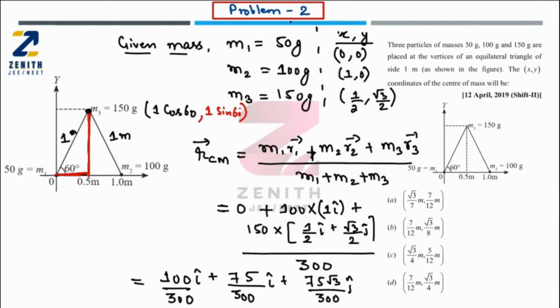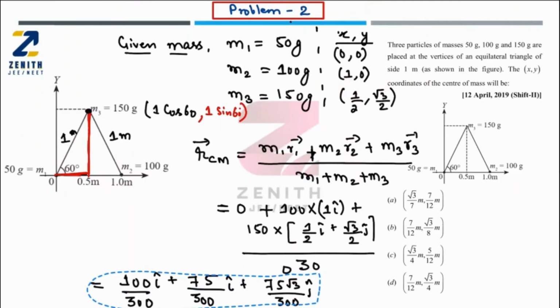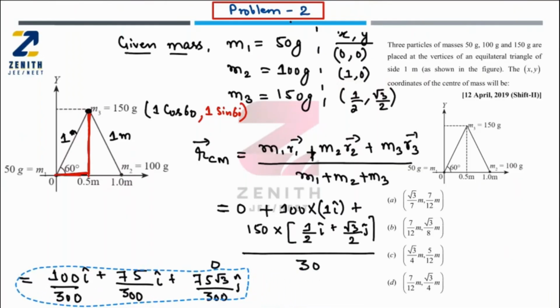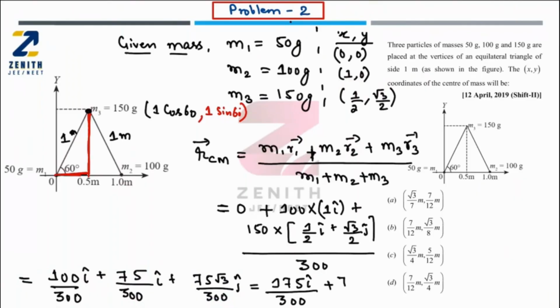Okay. Now you can see here 100 plus 75 will be, so let me take, so what is this value? 175 i cap plus 300 plus 75 root 3 divided by 300 j cap.